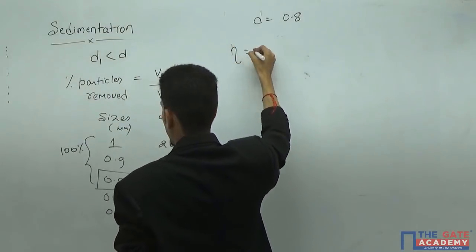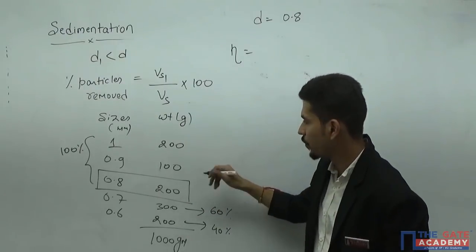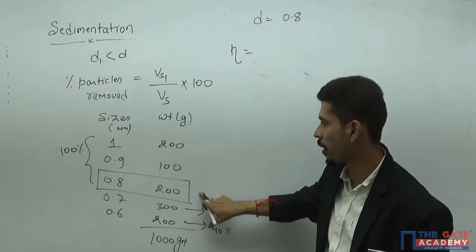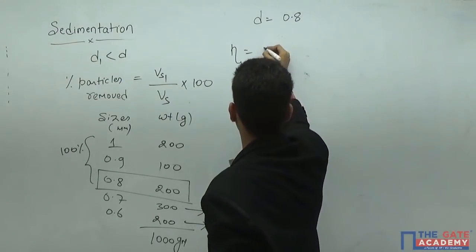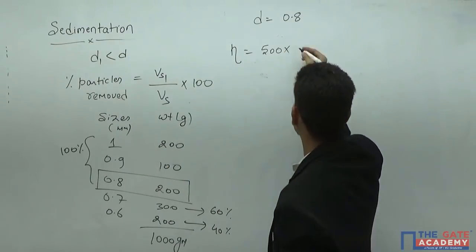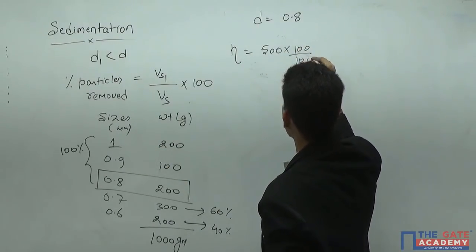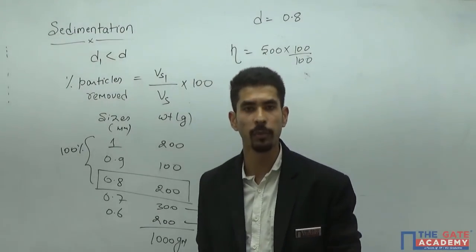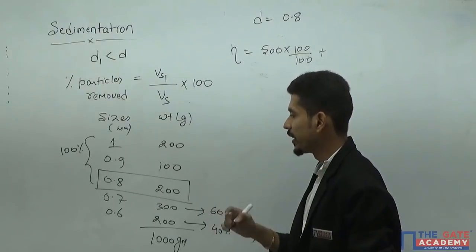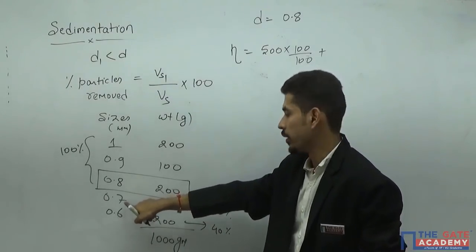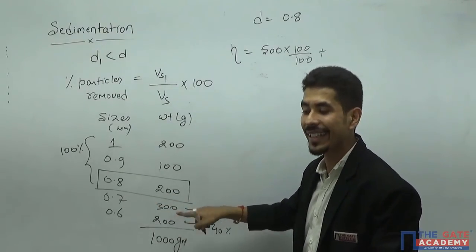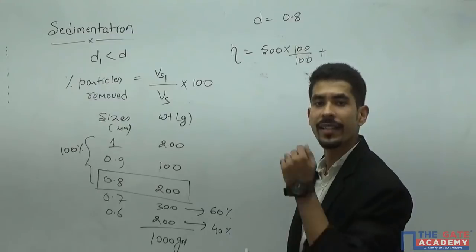Your efficiency will be given by, let us see, for the first three sizes, what is the total quantity? 200 plus 100 plus 200, that is 500 grams. 500 grams is getting completely removed from the tank. Plus, what is the next? The size of 0.7, which is present in a total quantity of 300 grams, is 60% removed.